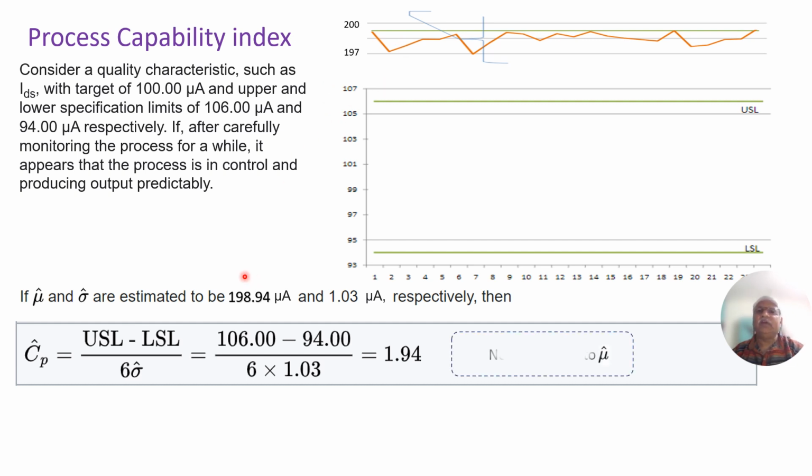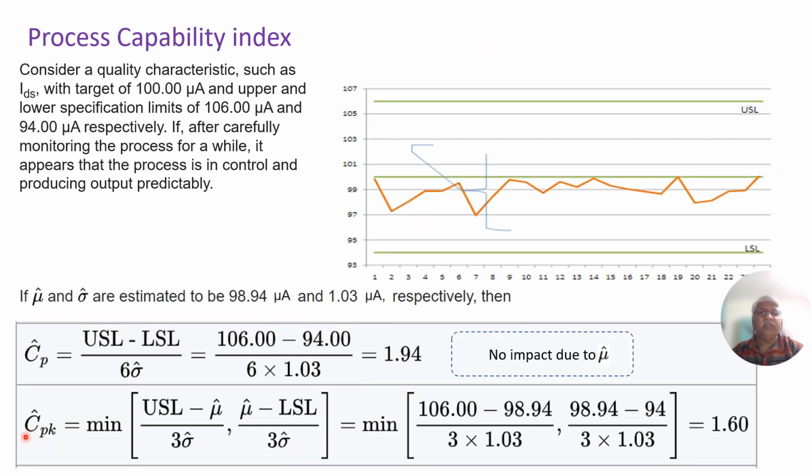So we need to have another metric because CP does not take the impact of mu. To take the impact of mu, one more parameter is included to monitor the process, that is CPK, which is the minimum of USL minus mu by 3 sigma or mu minus LSL by 3 sigma. Any of these, the minimum of it.